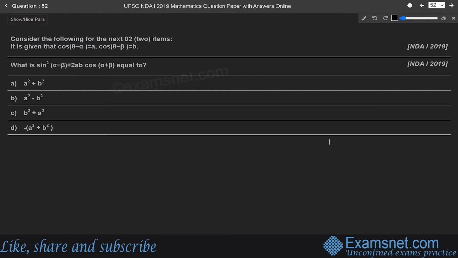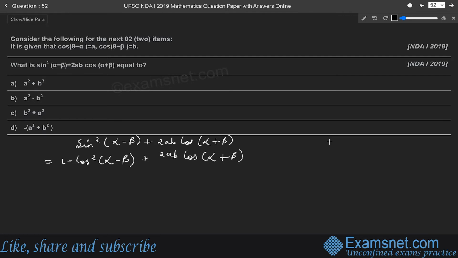Next part of the question is: what is sin²(α − β) + 2ab cos(α − β) equal to? It can be written as 1 − cos²(α − β). We know that sin²θ is equal to 1 − cos²θ. So sin²θ will be equal to 1 − cos²θ plus 2ab cos(α − β).